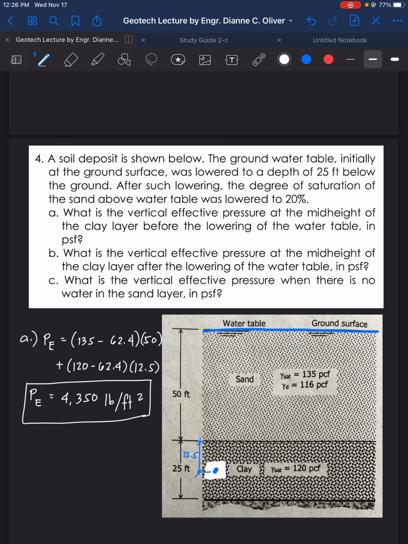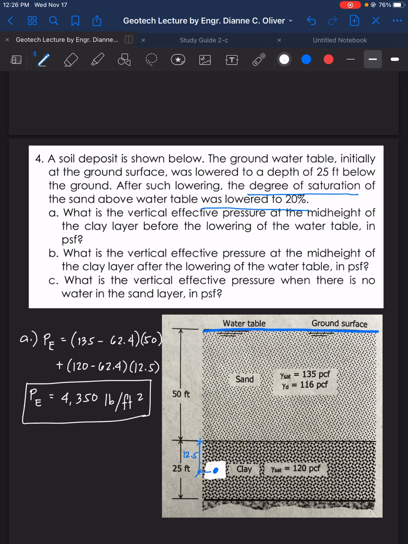So we have a 20% saturation. Okay. So if it says there lowered to 20%, is that 100% minus 20? So the question here is, if it says the degree of saturation was lowered to 20%.